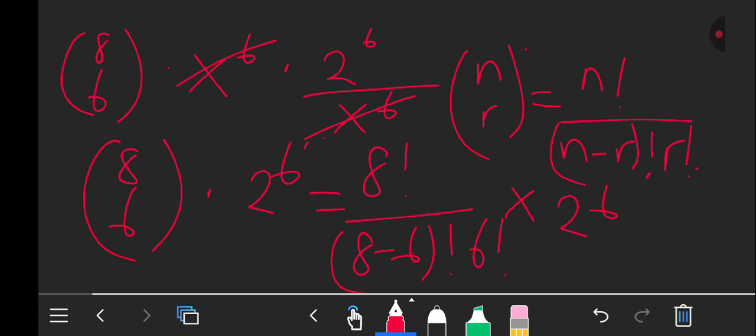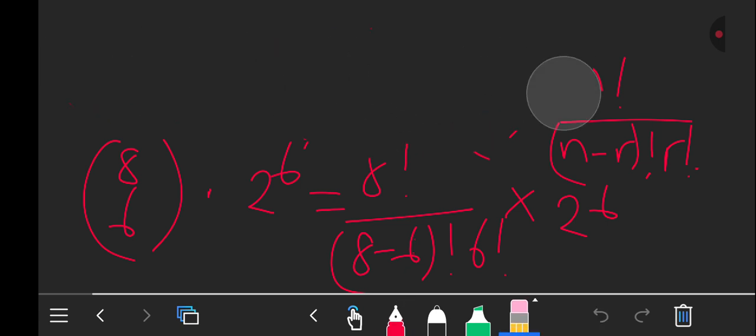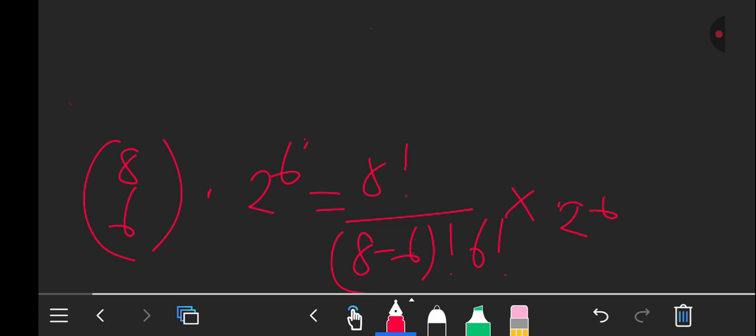So what do I have there? Okay, so what I'm going to have for 8 combination r, 8 factorial, that is 8 multiplied by 7.